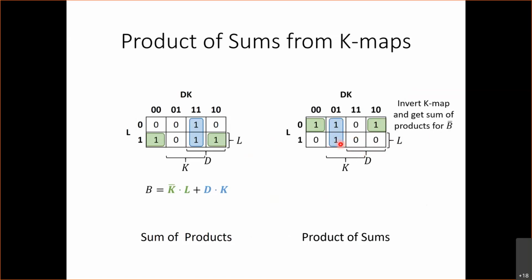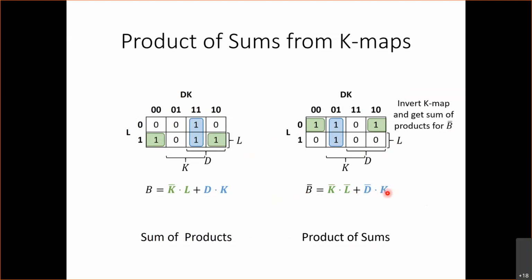Right, it's not D and K. And then the green one? The green one is not L and not K. So here, not B is going to be equal to not K and not L, or not D and K.